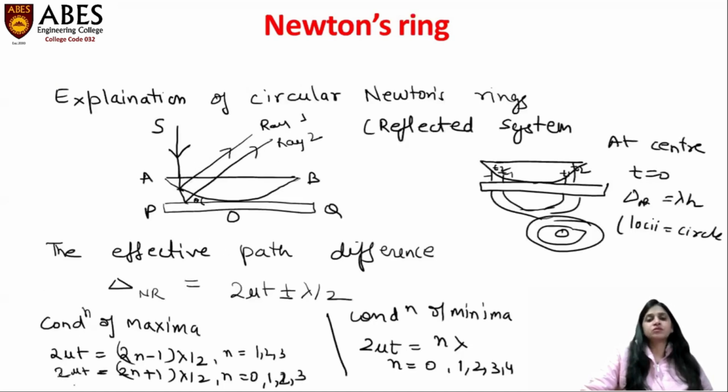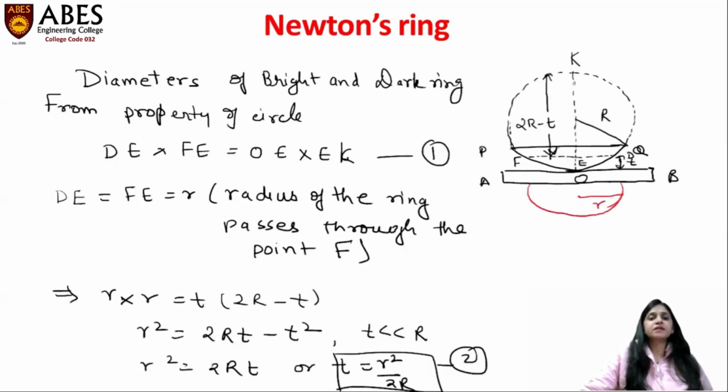We also explained why and how the circular rings are forming. We discussed the effective path difference over here and the condition of maxima and minima. Then we derived the diameter for bright ring, in which we used this diagram.